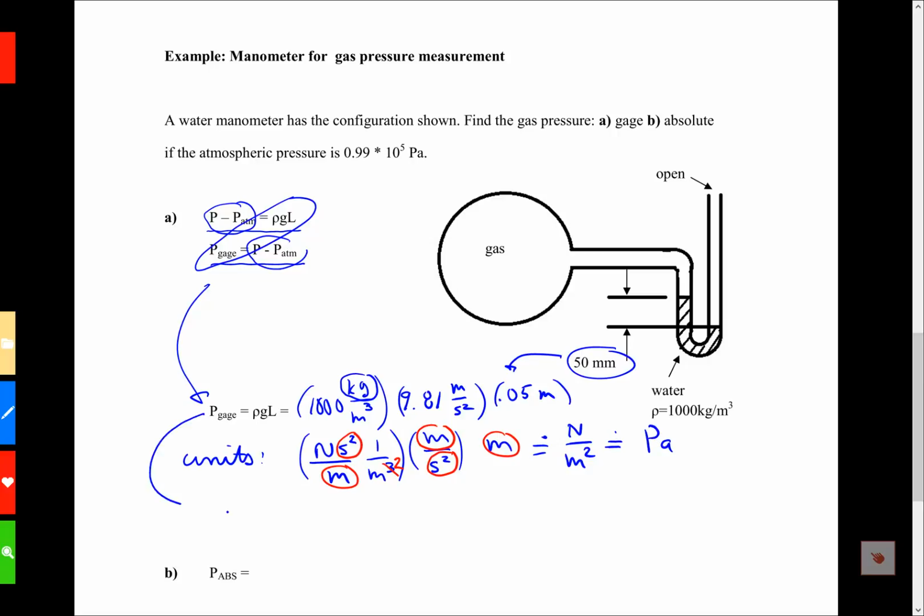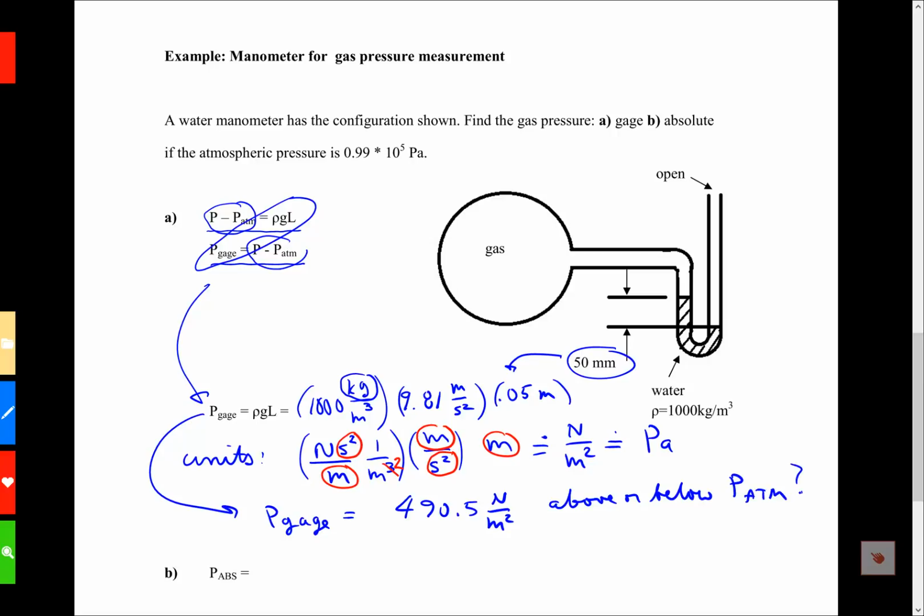All right, so let's compute the gauge pressure. When I multiply 1,000 times 9.81 times 0.05, I get 490.5 newtons per meter squared. Now before we're done, I need to ask, is this a pressure that's above or below the atmospheric pressure?